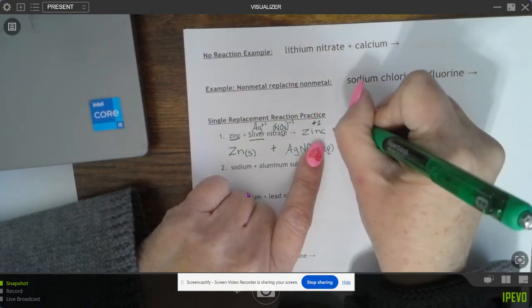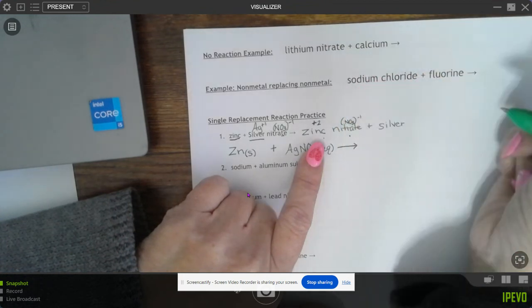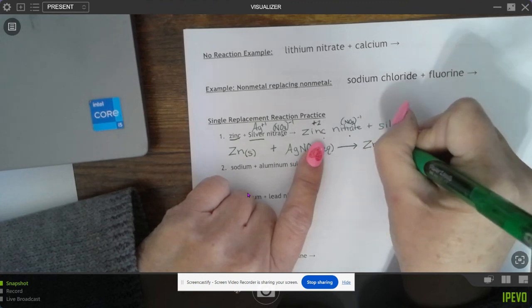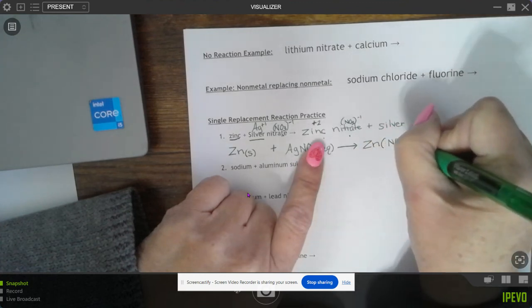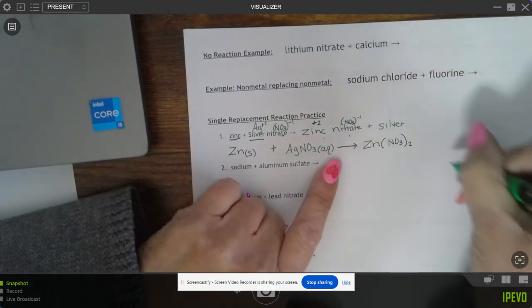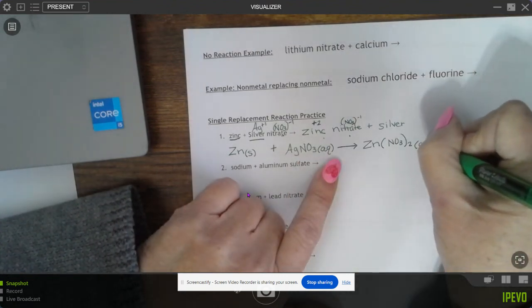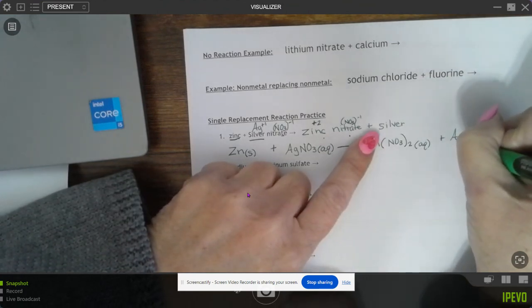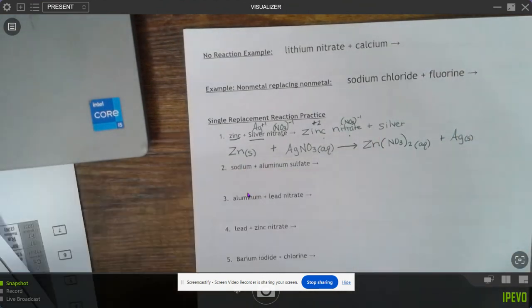Nitrate, still NO3 with a -1. So we end up with zinc nitrate, Zn(NO3)2. It's a compound, so that's going to be aqueous. And silver ends up by itself, and it's going to be solid silver.